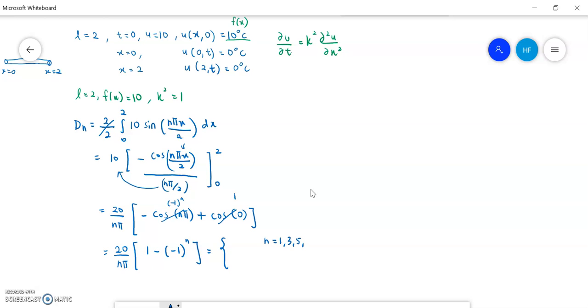So 1 minus negative 1 is 2. So 2 times 20 will be 40 over nπ. And when n equals 2, 4, 6, this will be to the power of an even number, so we get 1. 1 minus 1 is 0. So this will be 0.